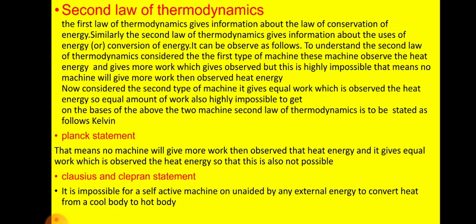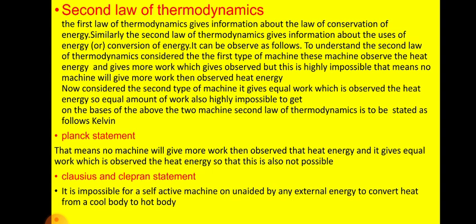To understand the second law of thermodynamics, consider the first type of machine. This machine absorbs heat energy and gives more work than absorbed, but this is highly impossible. That means no machine will give more work than the absorbed heat energy. Now consider the second type of machine. It gives equal work to the absorbed heat energy. So an equal amount of work is also highly impossible to get.